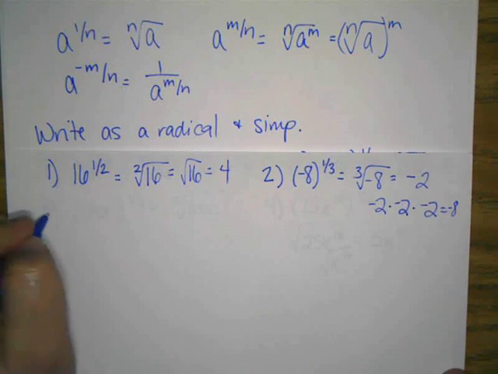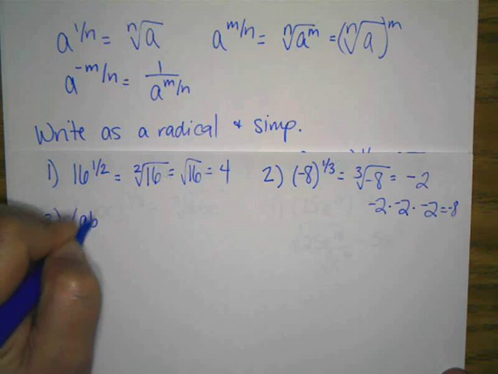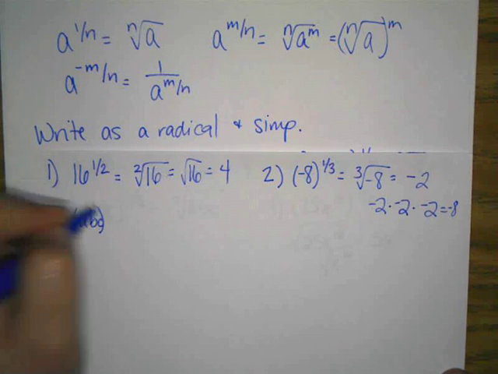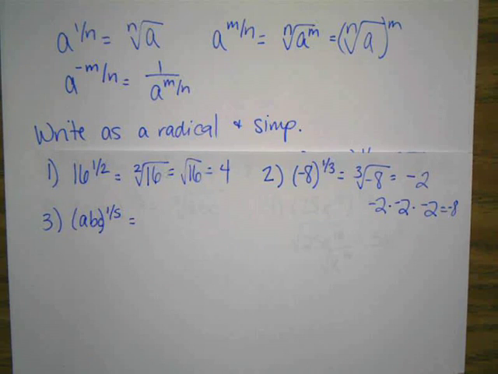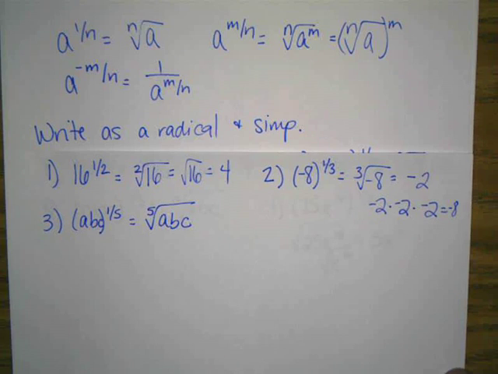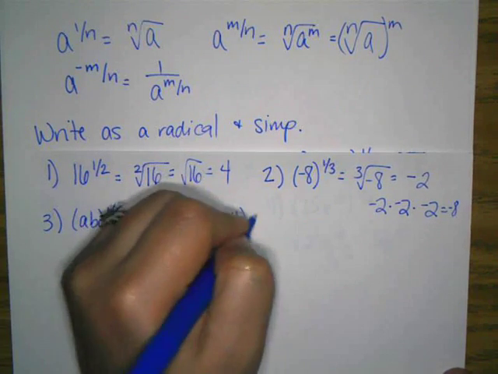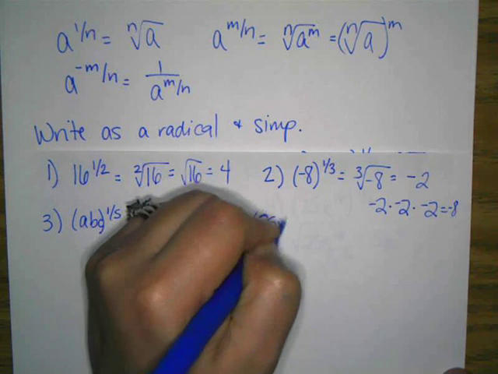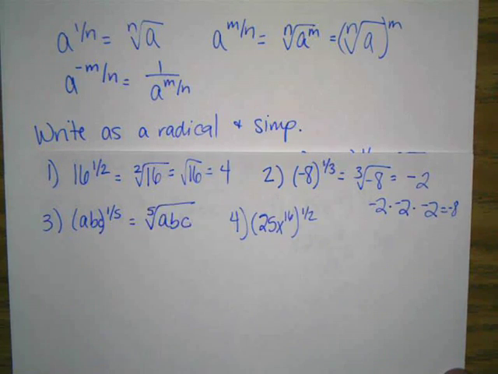Alright, number 3 says the quantity ABC all to the 1/5 power is the 5th root of ABC. And number 4 is the quantity 25x to the 16th all to the 1/2 power.